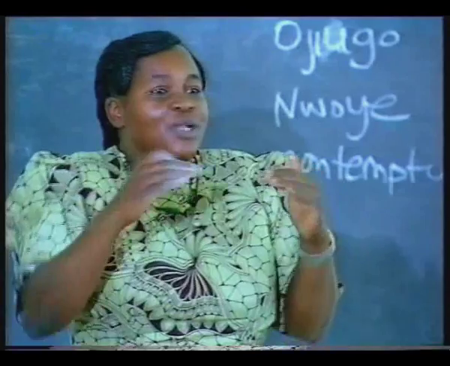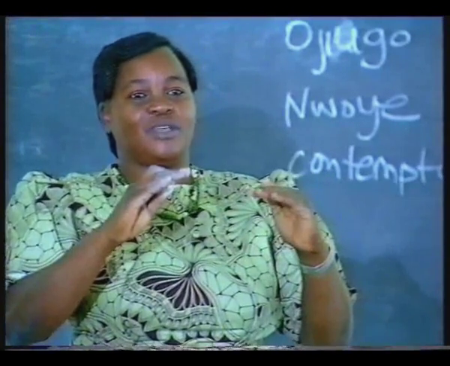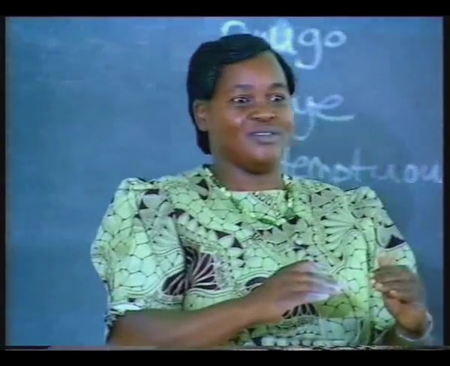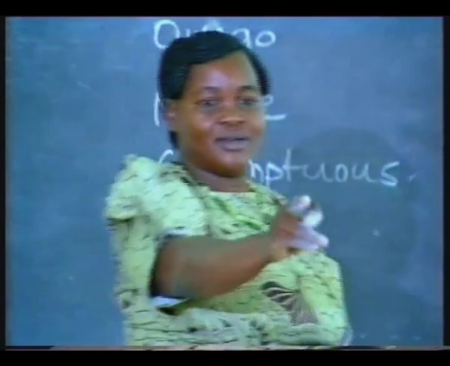So, how does it destroy him? How does this bravery and confidence destroy Okonkwo? You find that when Okonkwo died, he was buried in the evil forest. Quite, but let us first answer that question.